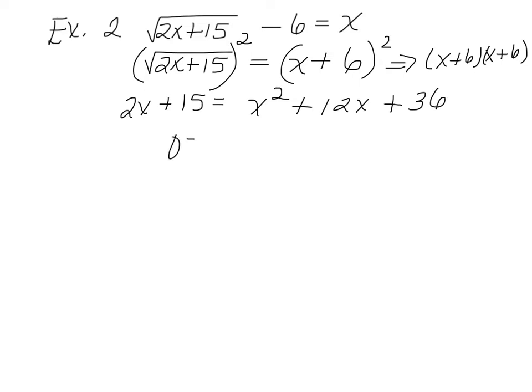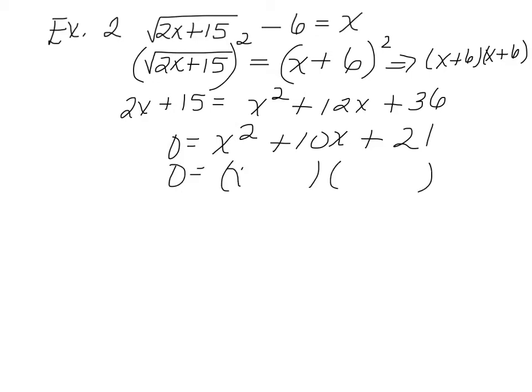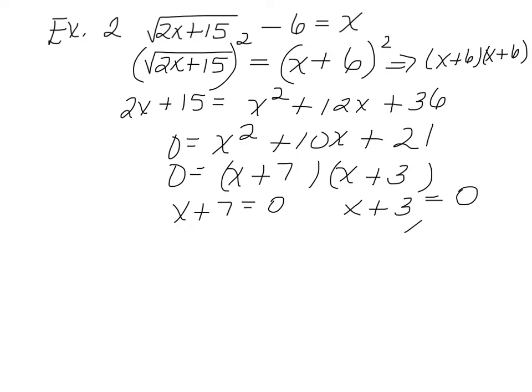Then you set it equal to 0. And we need two numbers that multiply to give us 21 and add to give us 10. So that has to be 7 and 3. So we got negative 3 or negative 7.